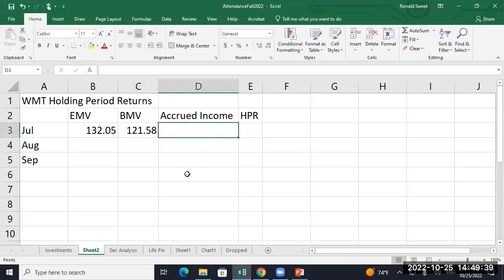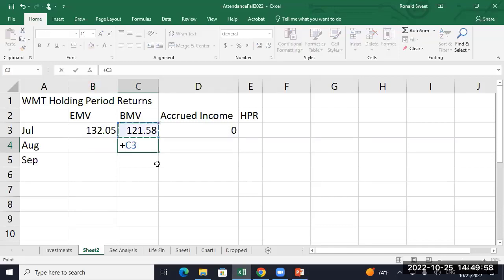What accrued income did they have? When did that dividend go to X? August 11th. So 0, isn't it? What's the beginning market value for August? Yeah, ending. So those two have to match.